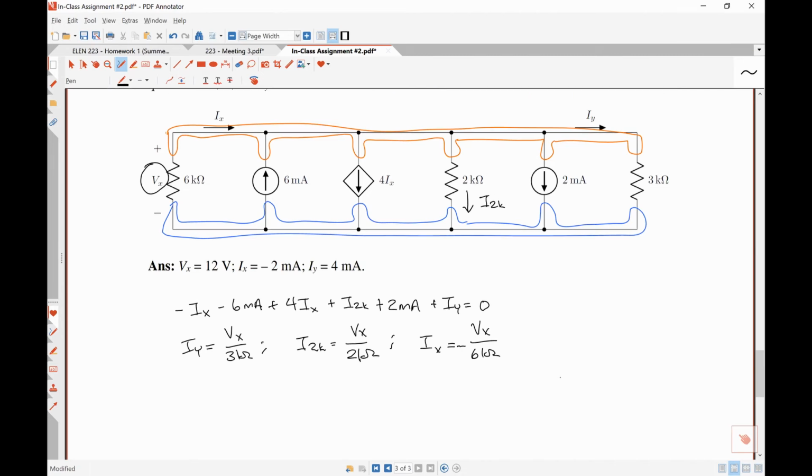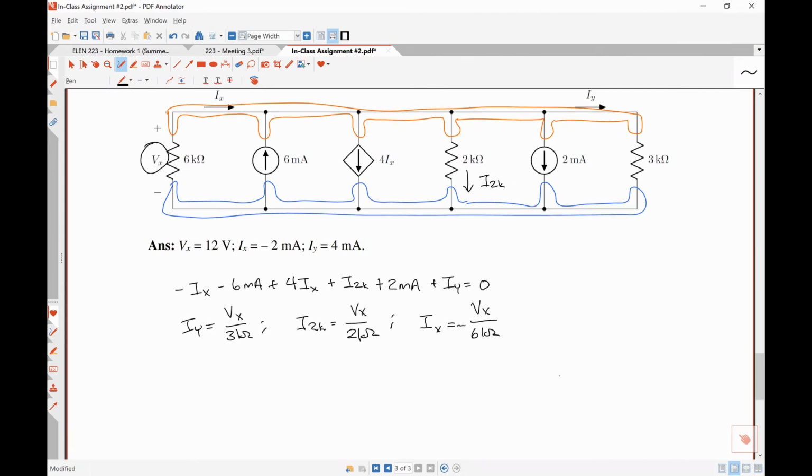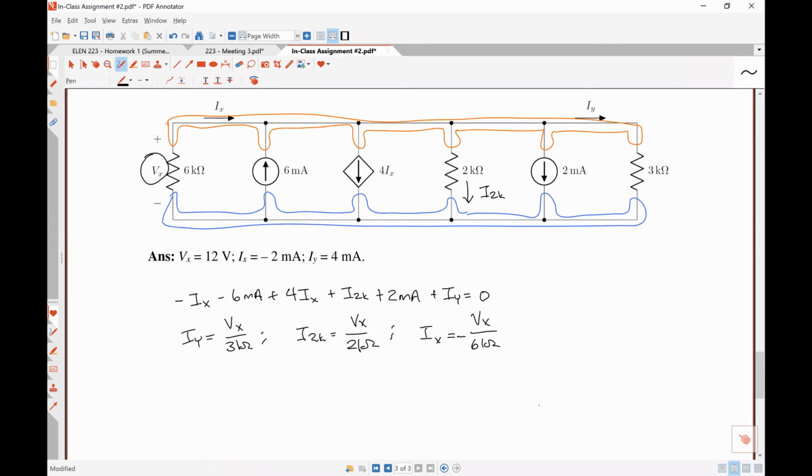Do you recommend that we draw out the circuits that way? What do you mean by that? Like draw it out, so that way we can see whether it's negative or positive. Well, it's really up to you. As we're following these currents Ix and Iy around, it may be helpful.